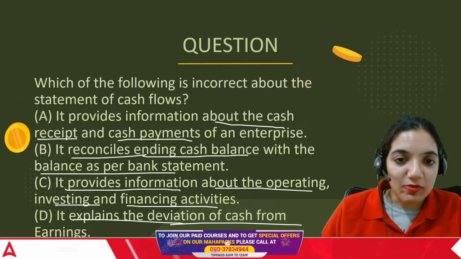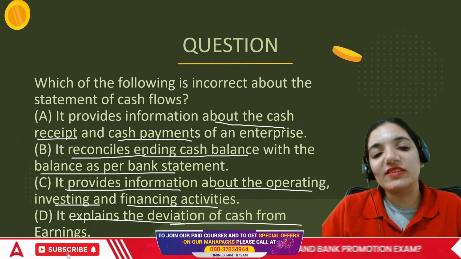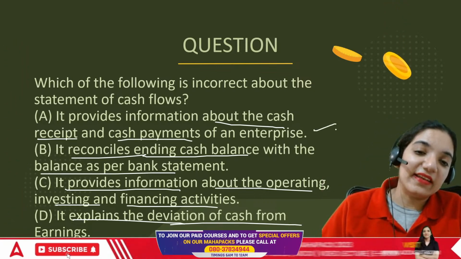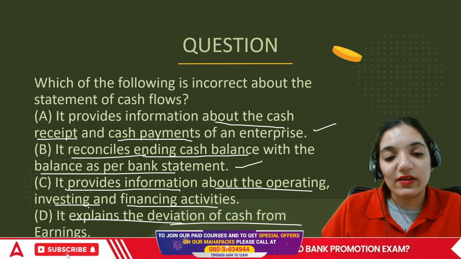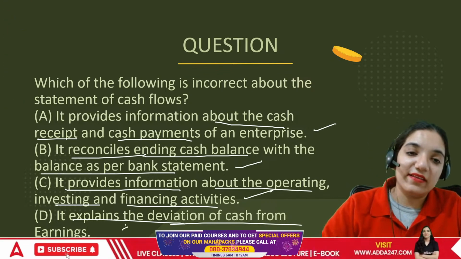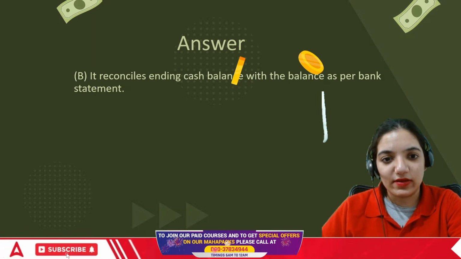It provides information, yes, it does. It gives us the information about inflows and outflows. That is correct. It reconciles ending cash balance, yes, it also does that. It provides information about operating, investing, and financing. That is also true. So the incorrect statement is the one about explaining deviation from earnings.